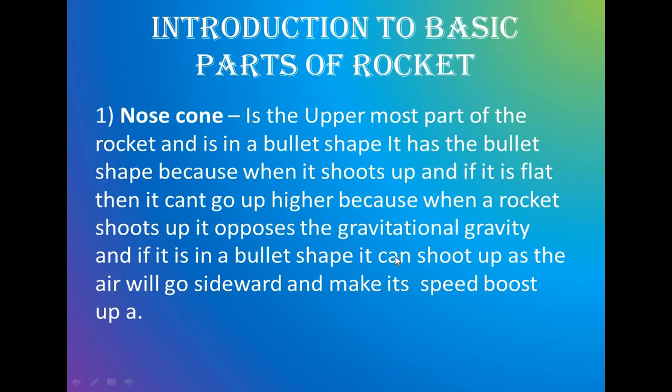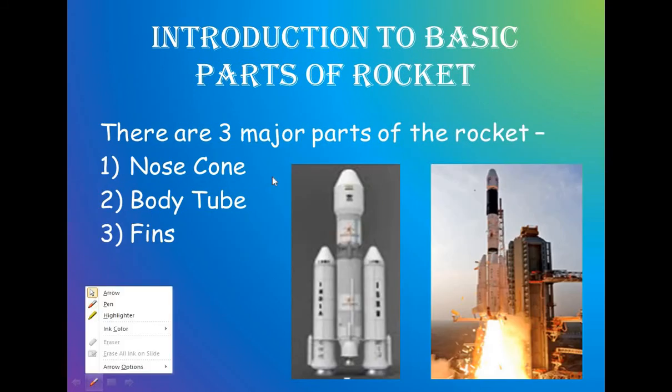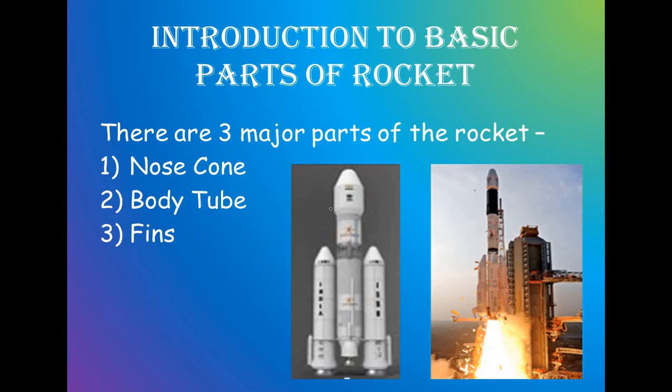It is in a bullet shape because, as you know, of Newton's third law. Newton's third law is that the more pressure you put on a thing, the more pressure it puts on you. So if we take a flat rocket, let's design it.